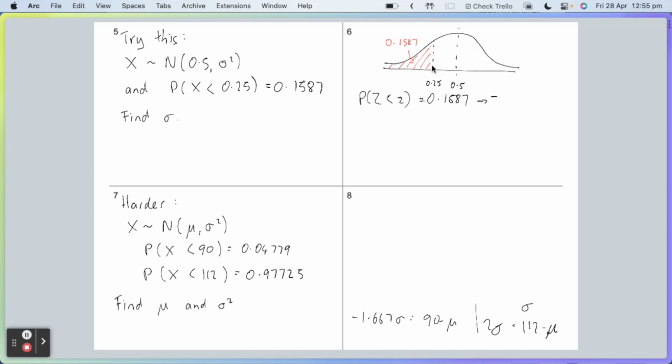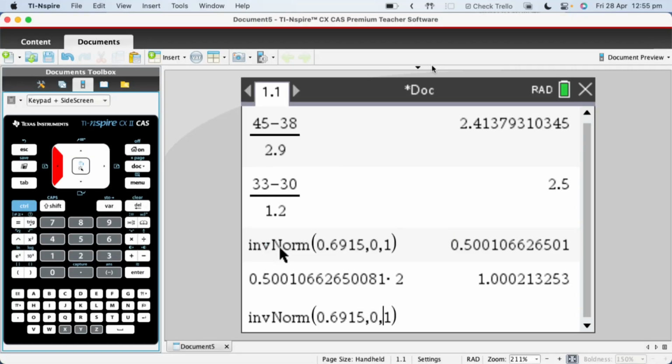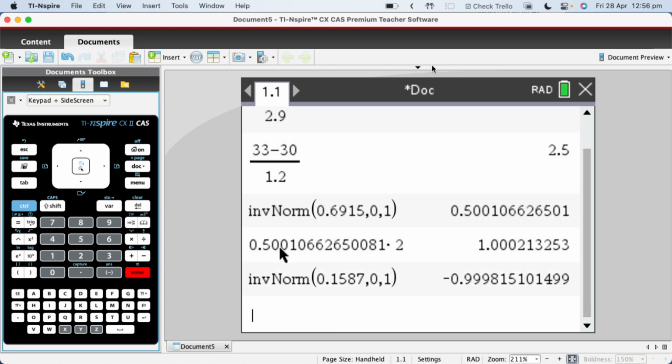That gives me a Z value of, again, into the calculator, inverse norm. I'm going to reuse this one. I'm just going to put 0.1587 in. And I get negative 0.9998, so negative 0.99982. There we go.